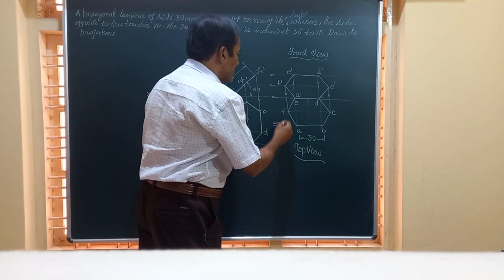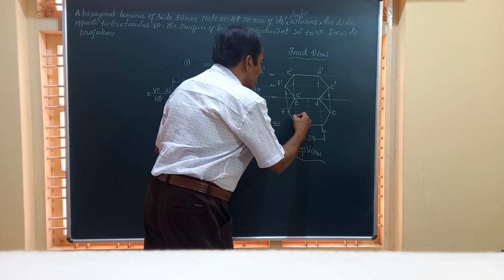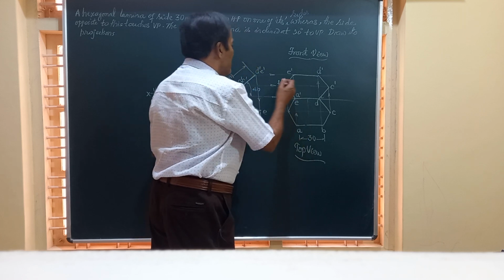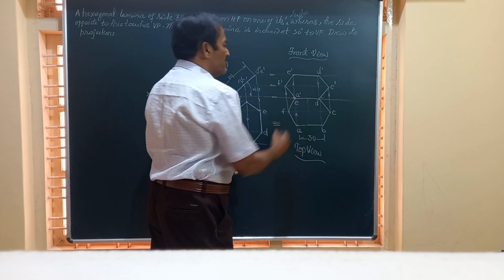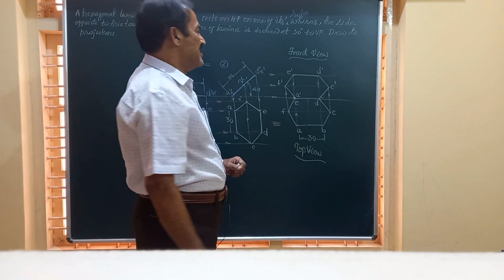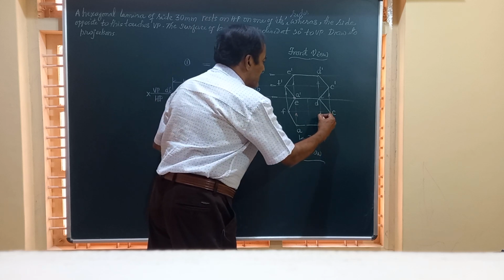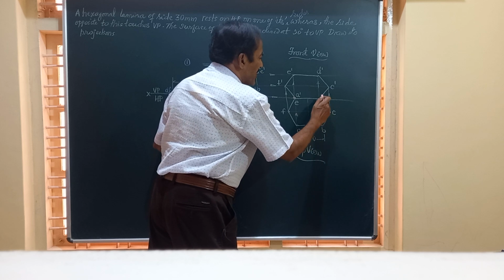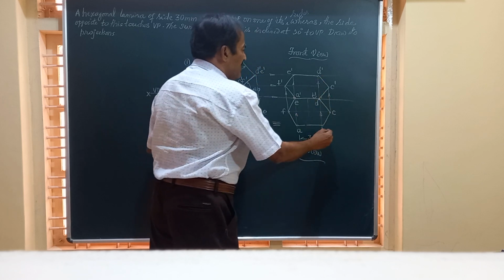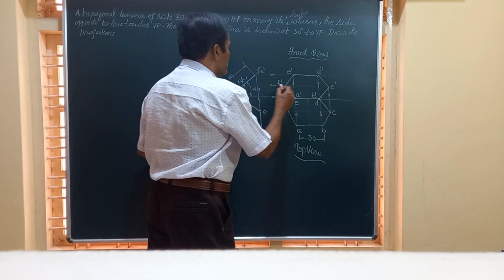Friends, let me get all these points one by one. Let me start with point A. Draw a vertical line from A, horizontal line from A dash. They meet at this point. We call this as point A. Similarly, horizontal line from B dash, vertical line from B dash. The point of intersection will give you the point B. So you got A, B. Similarly, draw a vertical line from C, a horizontal line from C dash.